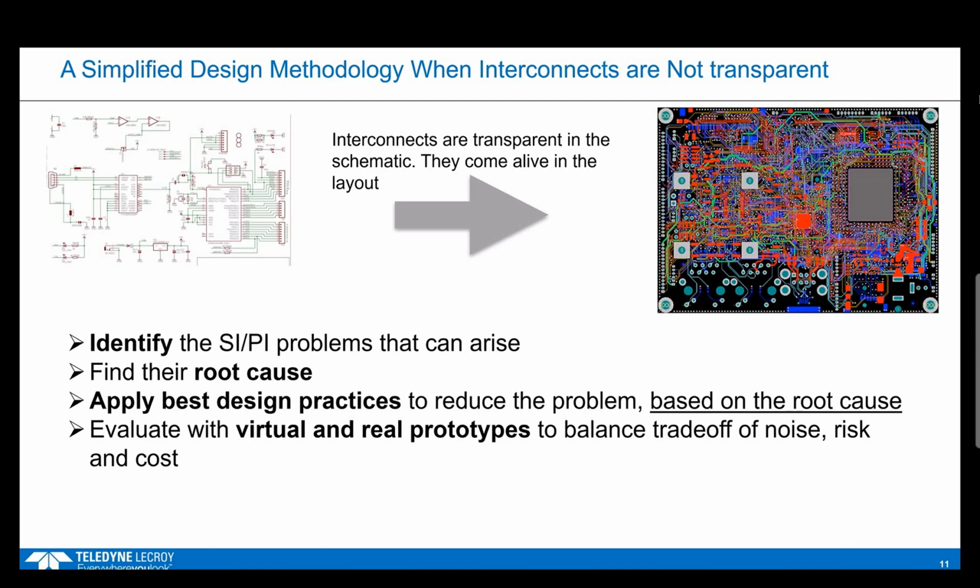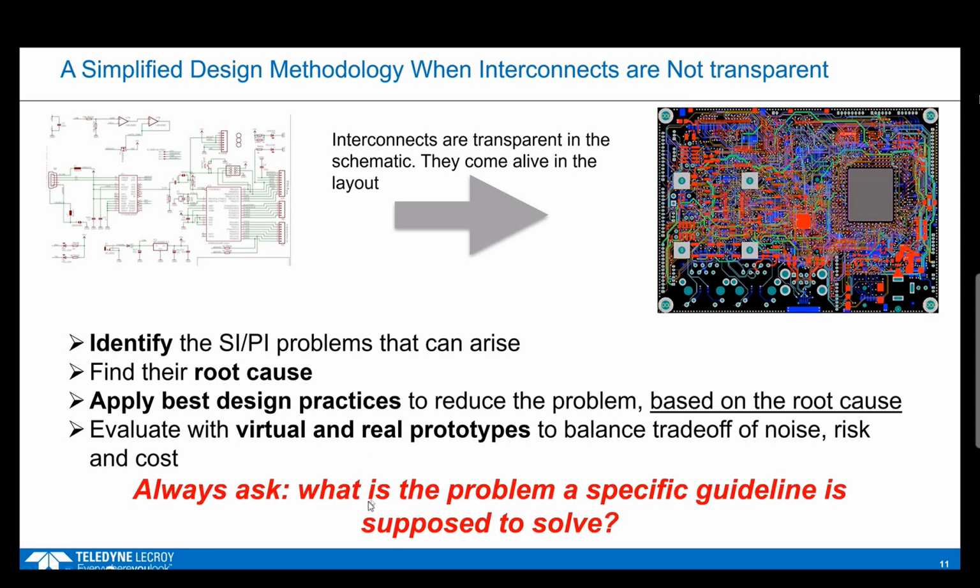And whenever we look at changing or adding a particular feature in the interconnects, when it comes to how it affects performance, we always want to ask the question of, okay, if we're supposed to add some feature to improve performance, what is the problem that feature is addressing, and how is adding that feature going to solve that problem or reduce that problem?